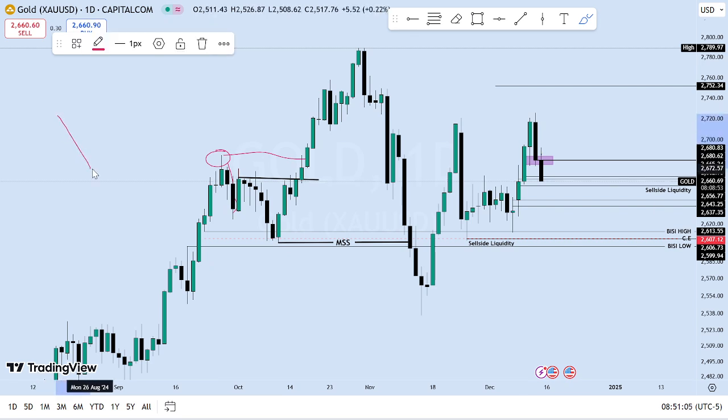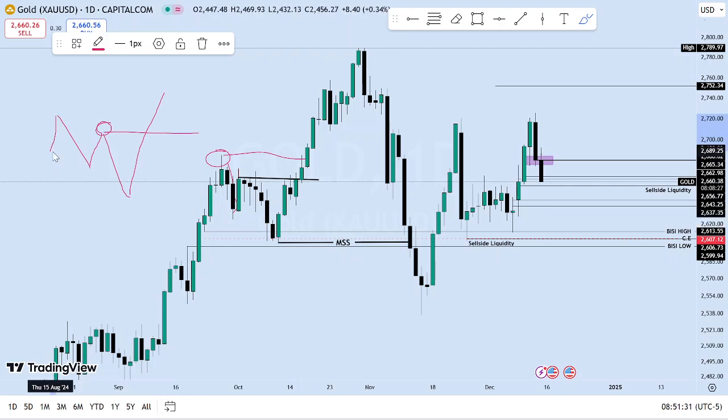Create a low here, create a high, another lower low. Price trading above this high already created turns it into a breaker. That's what you are seeing here.